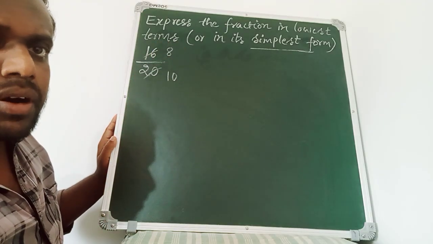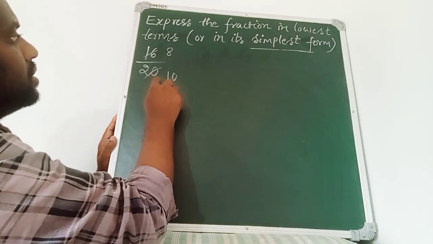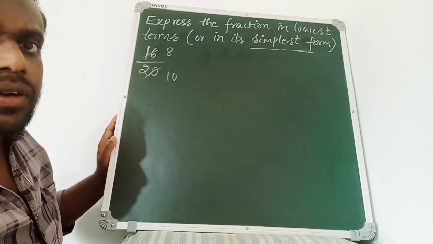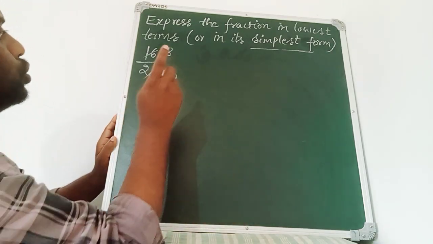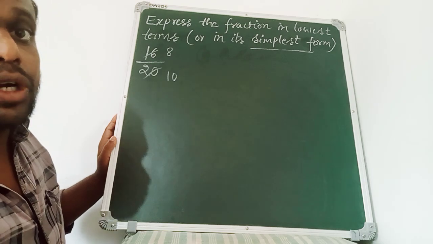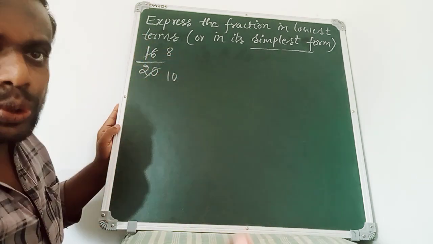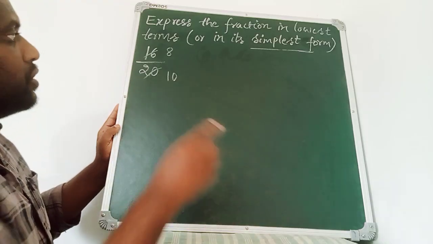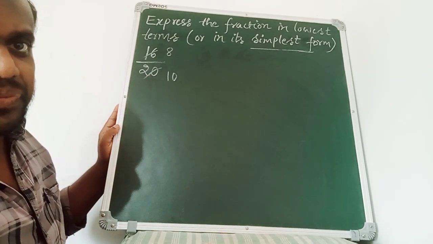Remember, when you select a number to divide the numerator and the denominator, you should divide both by the same number, 2 only. For example, if you divide 16 by 2 and 20 by 10, it will be wrong.